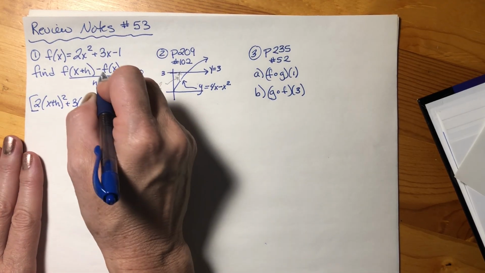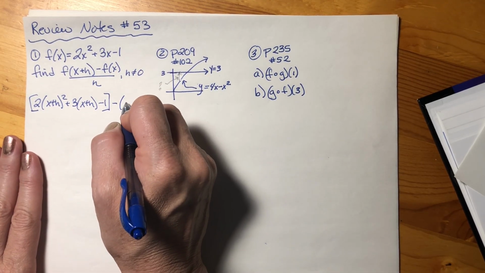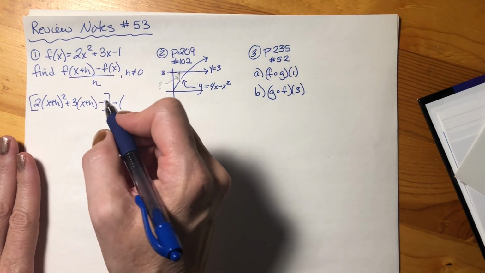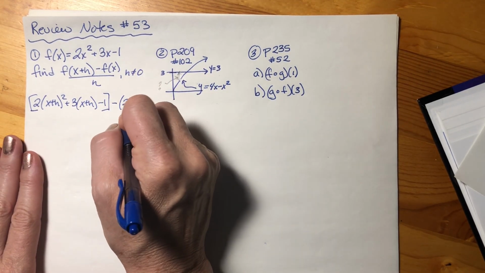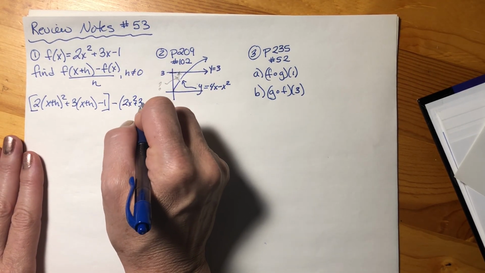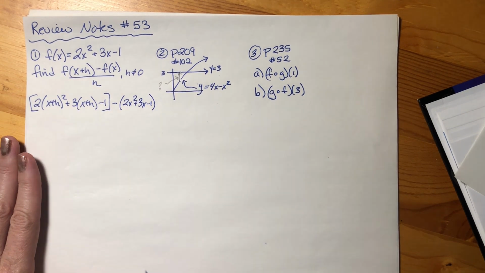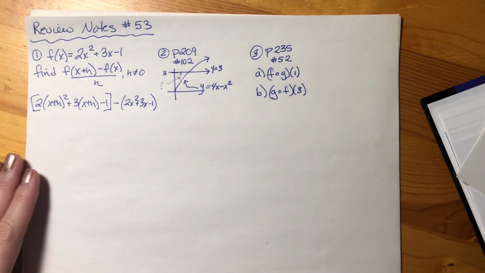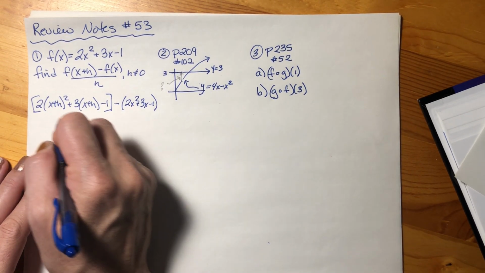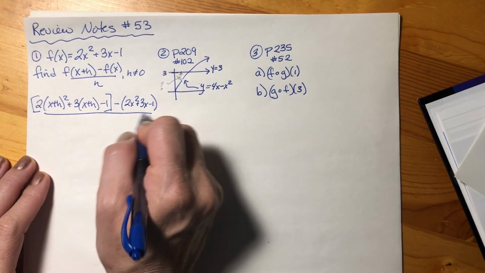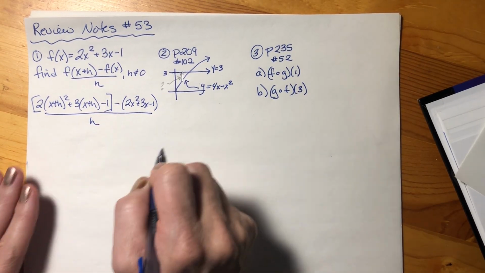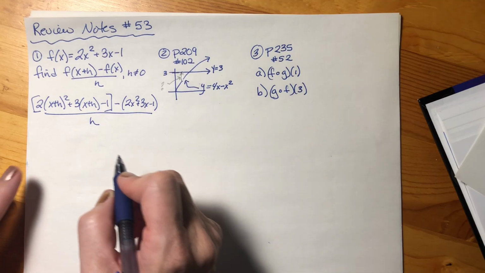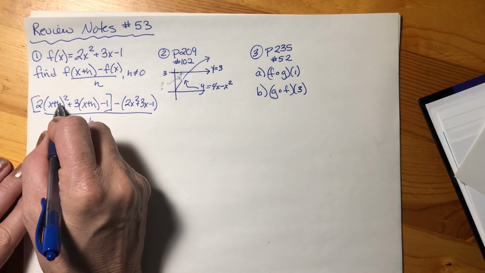My second one is f of x, which is going to be 2x squared plus 3x minus 1, all right? So holding the whole thing together there. And then the whole thing's over my h value. I'm going to need to clean this whole mess up, okay? So let's see, I'm going to FOIL this out.